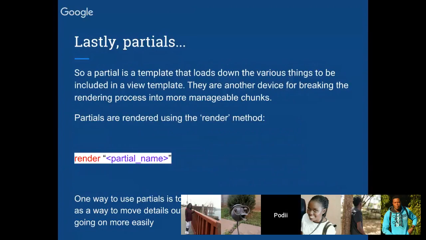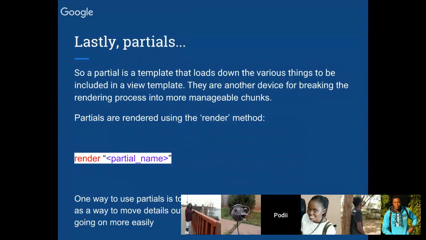So when I feel that my view or my template is becoming too cumbersome or too loaded, I can always break it down into small chunks called partials. When using partials, I can render them in my view or in my templates, and they can be used as subroutines or sub tasks of a template that I'm using.